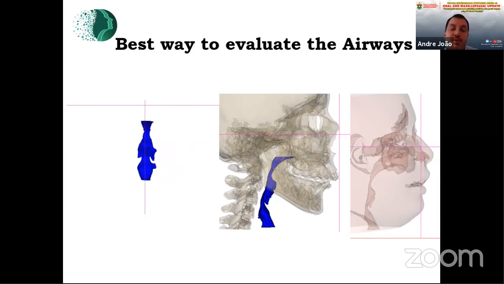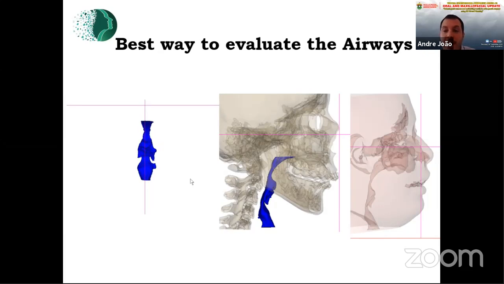For instance, Professor Bill Arnett has this FAB concept, that is facial analysis and improving the facial appearance of the patient, and the airways. So we cannot imagine a patient with a good mandibular function, or a good and stable jaw position, if this patient has breathing problems.